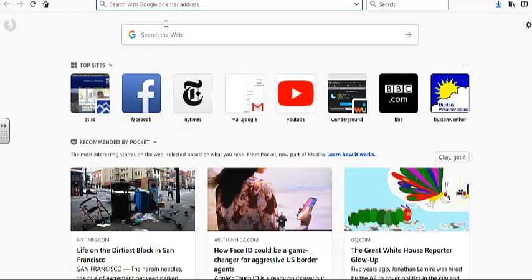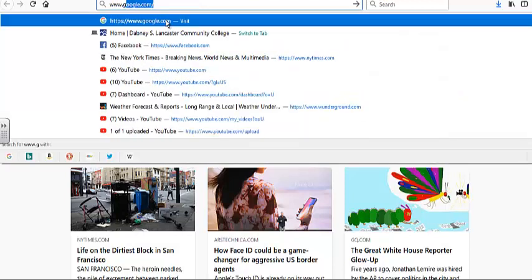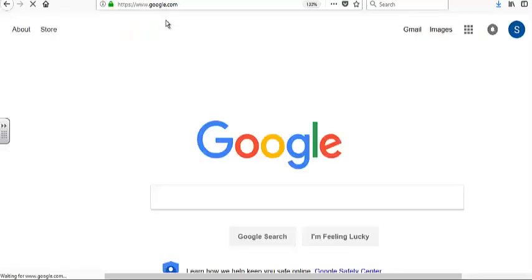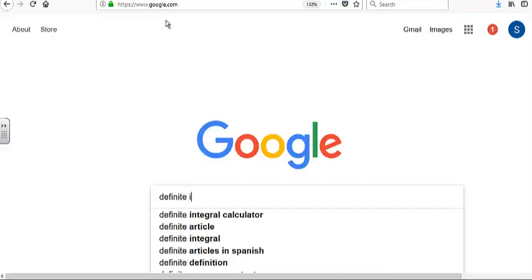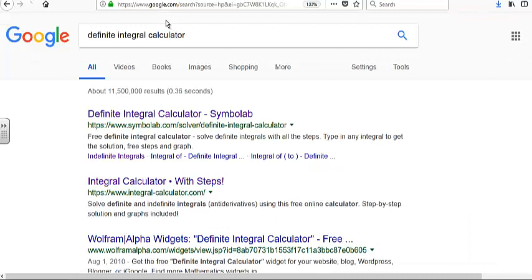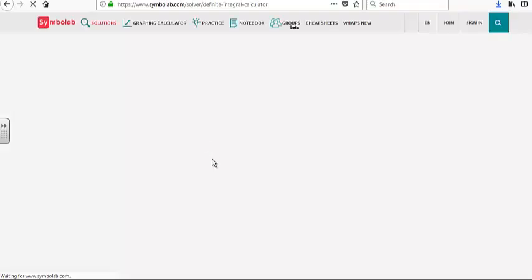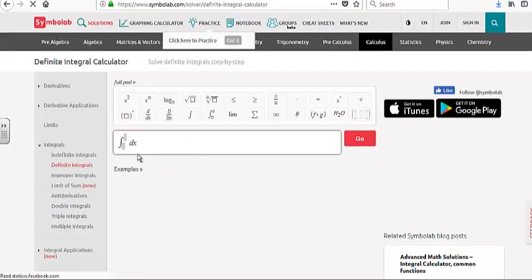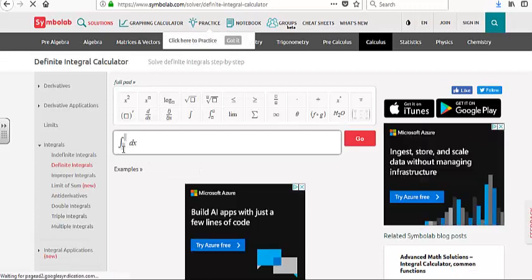calculator on the internet. So definite integral calculator. This is something we've shown before, and we'll put the equation in and we'll see how well it matches up in terms of the results. So we're going to do the integration.